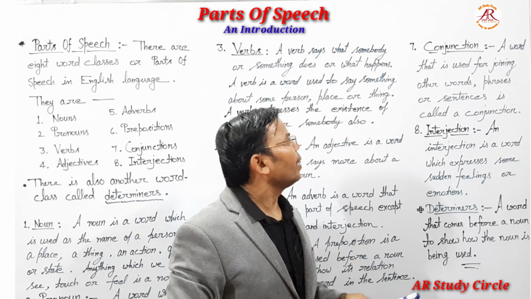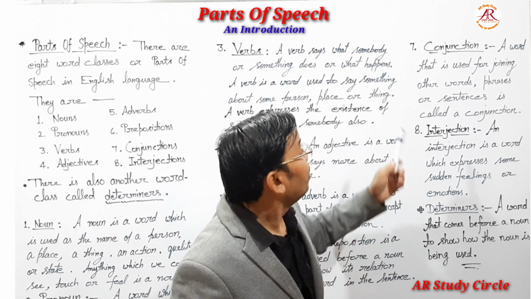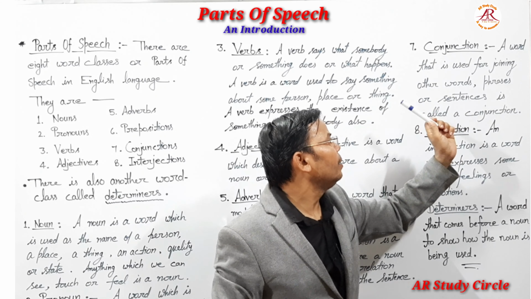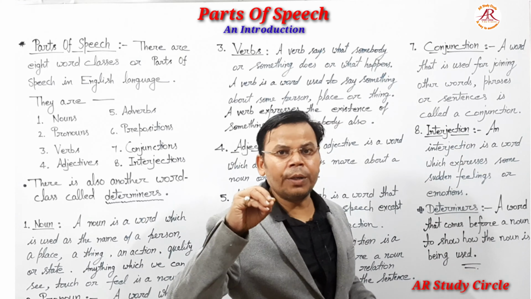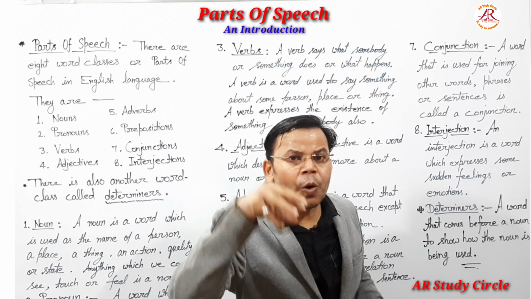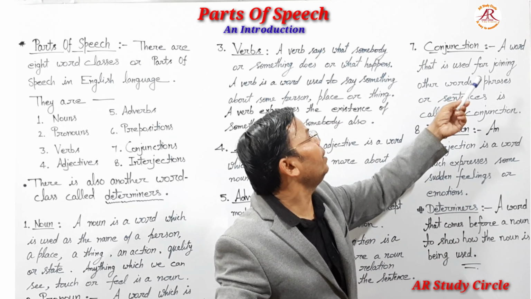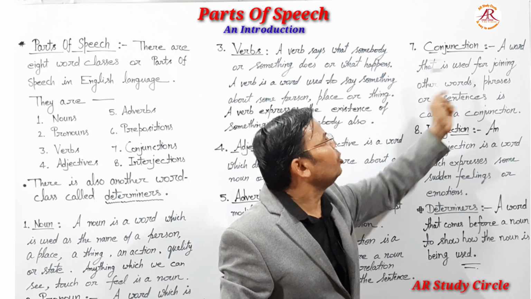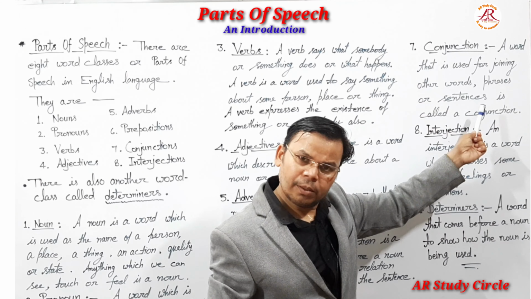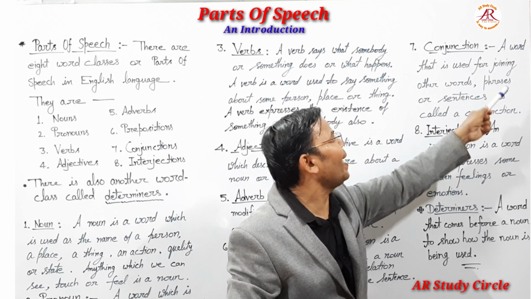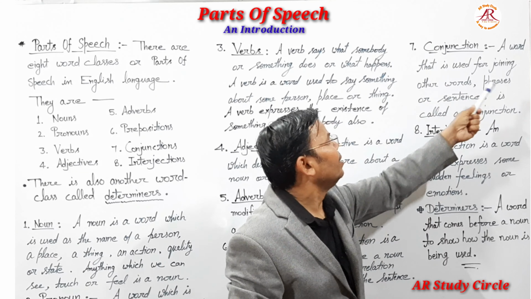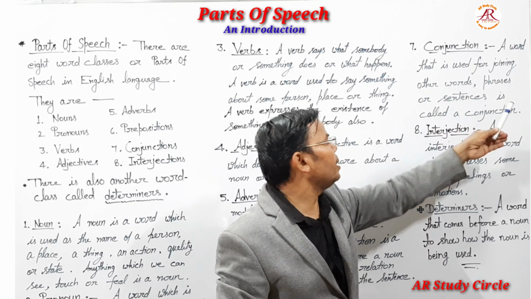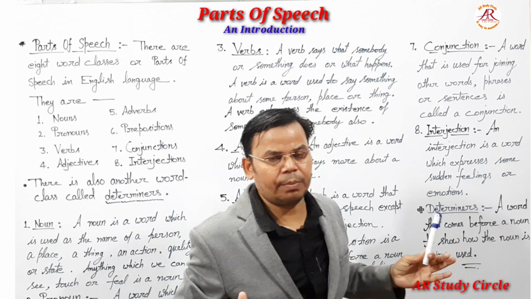And the next word is conjunction. What is conjunction? A word that is used for joining other words, phrases or sentences is called a conjunction.